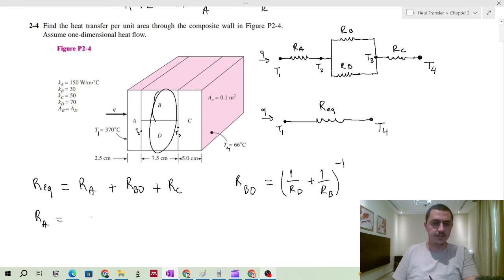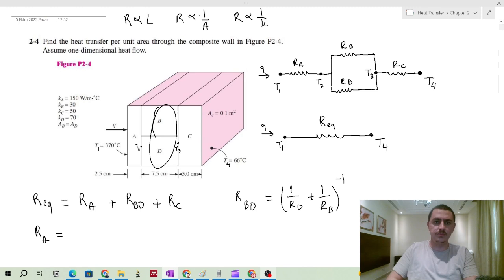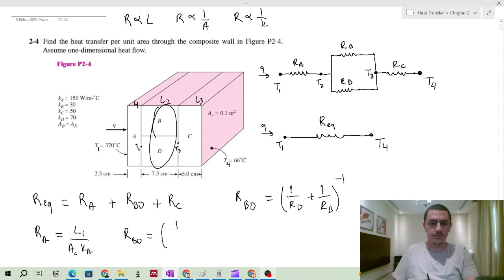So now RA will be equal to L1 over the area, which is constant through this wall, AC, times KA. This is L1, L2, L3. And RBD is 1 over RD. Let's find RB first.